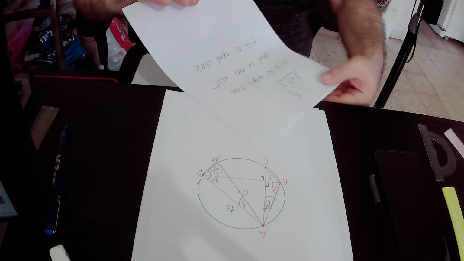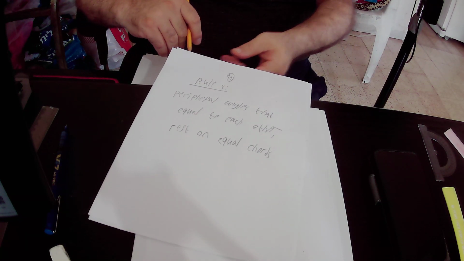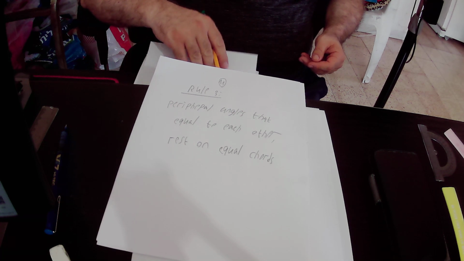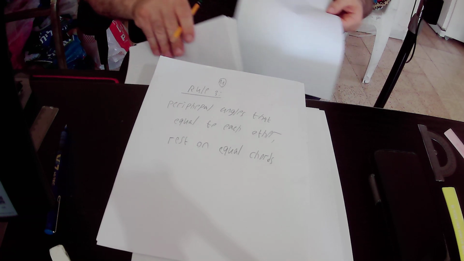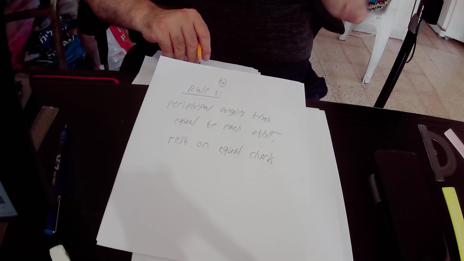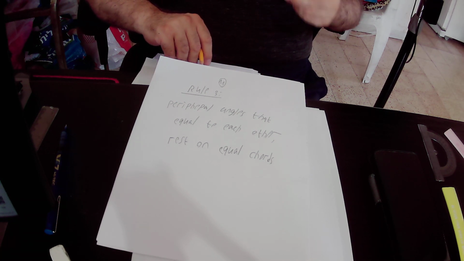So I will read rule number 3 again. Rule number 3 states that peripheral angles that equal each other rest on equal chords.